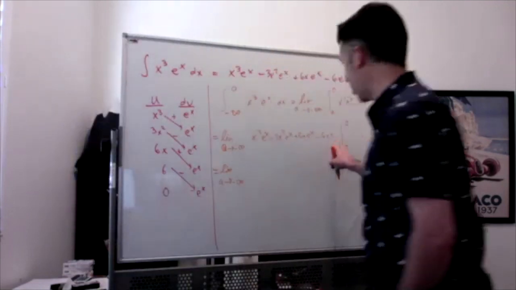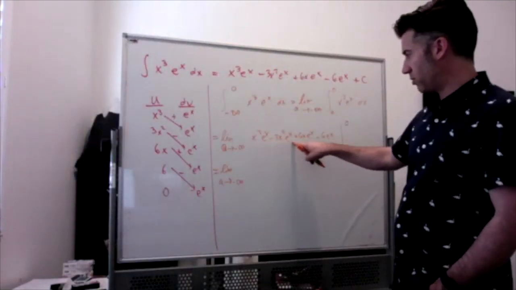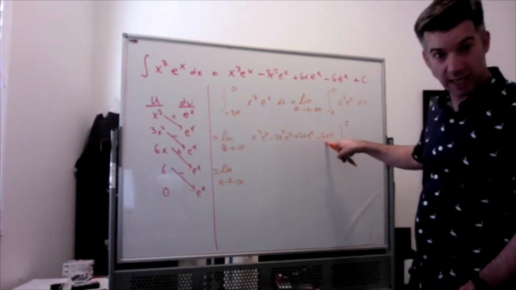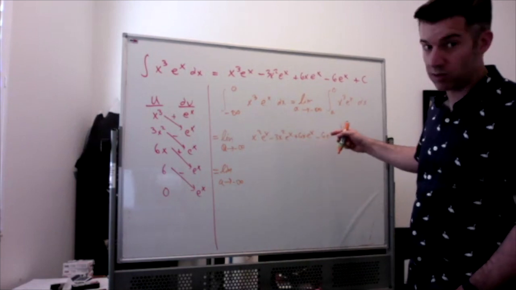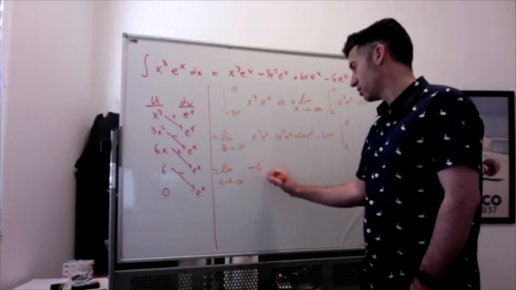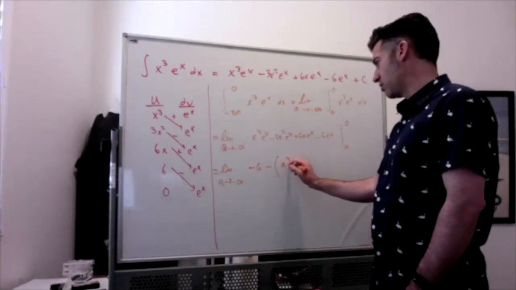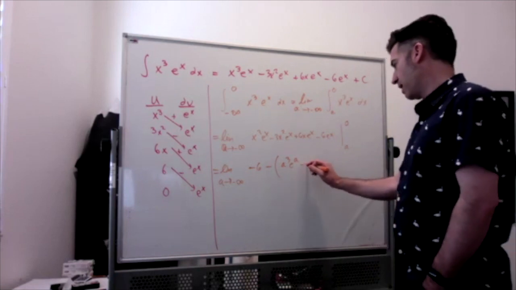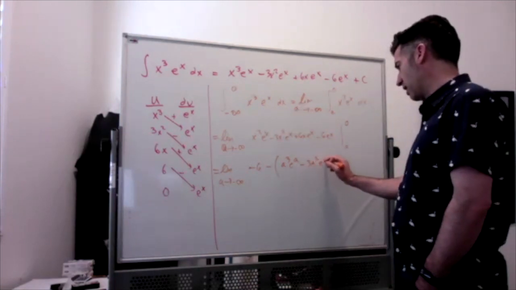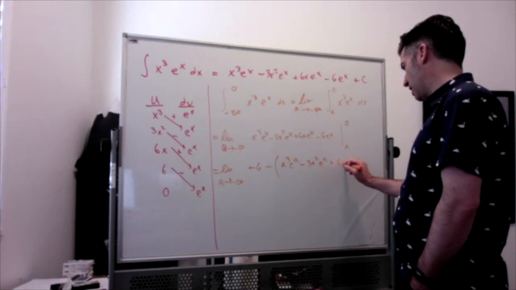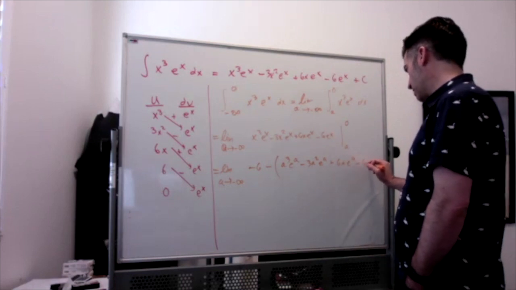Plugging in 0, we get 0 minus 0 plus 0 minus 6 e to the 0, which is 1. Minus, we plug in a, we get a cubed e to the a minus 3a squared e to the a plus 6a e to the a minus 6 e to the a.